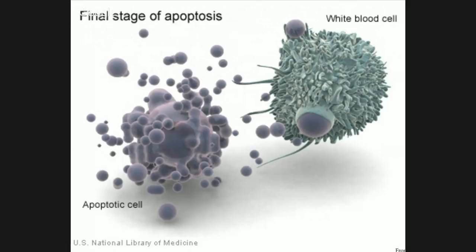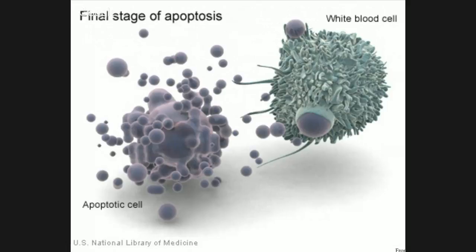So ptosis of the eyelid is a drooping eyelid. So ptosis basically means to droop or to fall. And so apoptosis literally translates to falling apart.